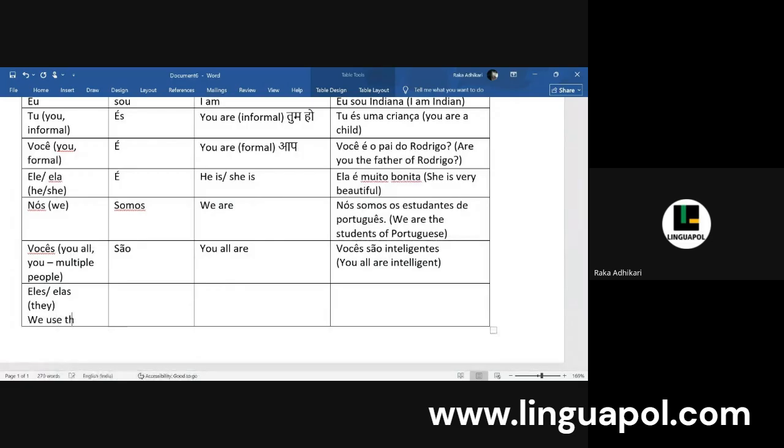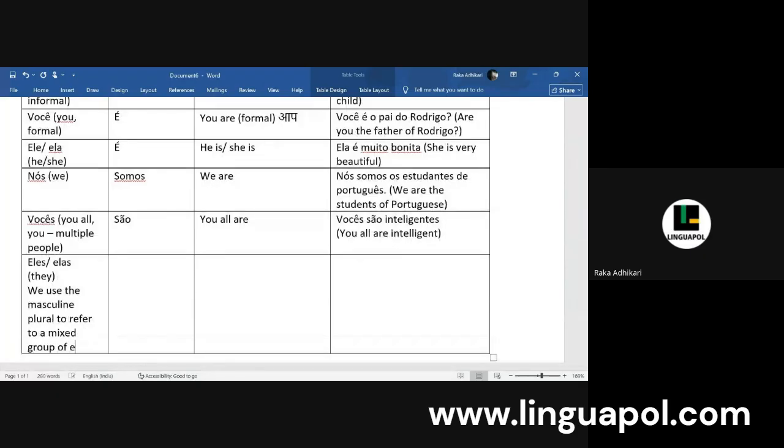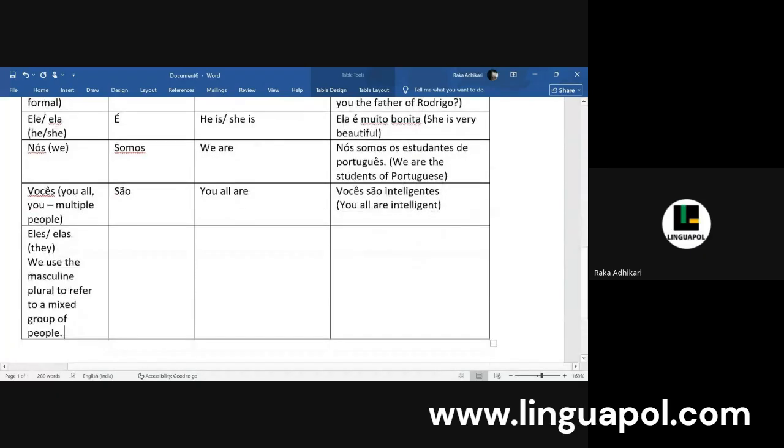We use the masculine plural to refer to a mixed group of people. That means if all the members are male, then I will use eles. If all the members are female, then I'll use elas. But if we have a mixed group, then we always use the masculine plural. Is this clear to everyone?